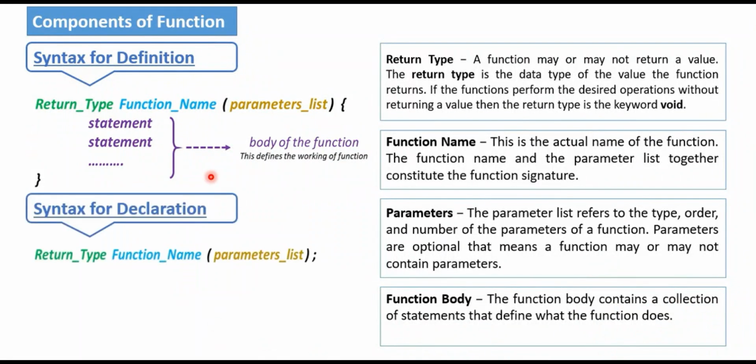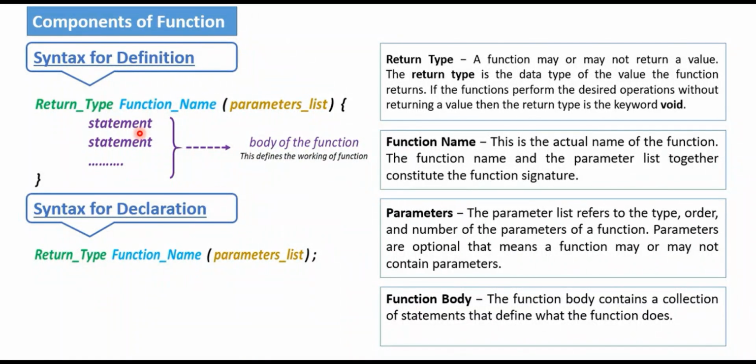Next is the syntax for declaration: return type, function name, parameter list and a semicolon. That means if you want to declare a function, we have to follow this syntax. Declaration tells the compiler about the function defined in that particular code. It just informs the compiler that there is a function with this name, having these parameters, defined in this code, and the compiler gets familiar with the function.